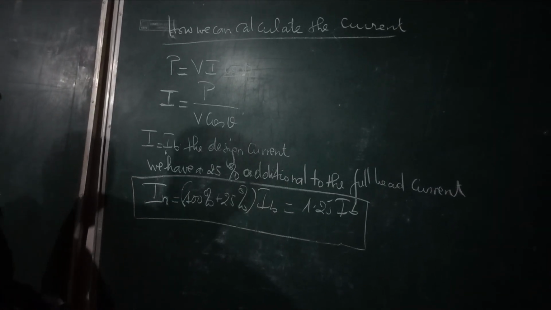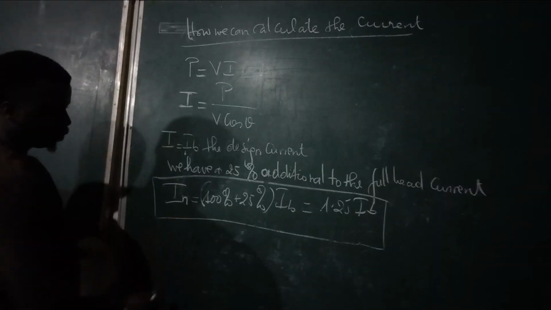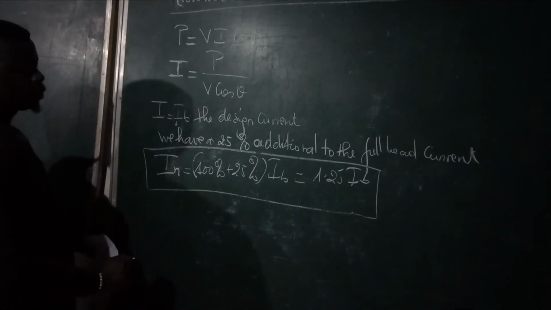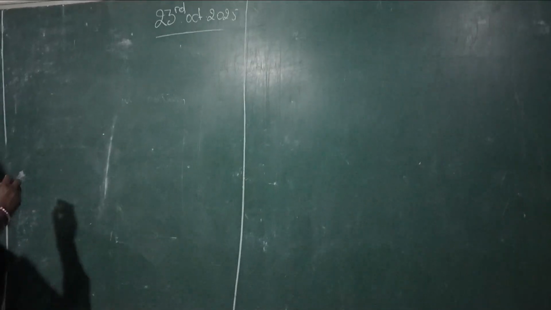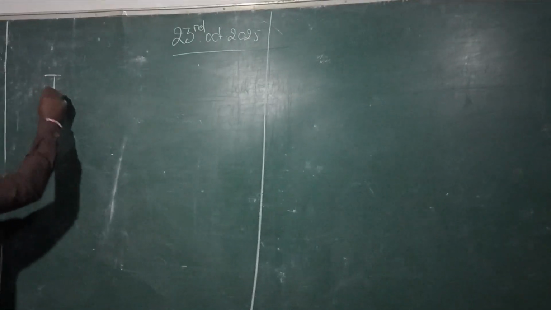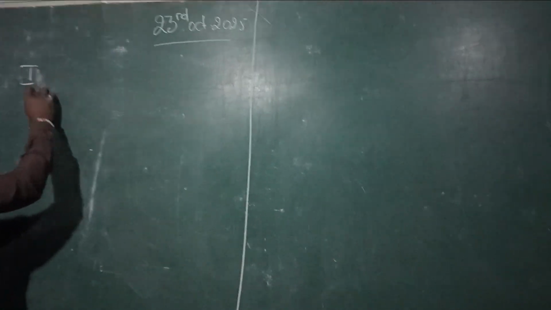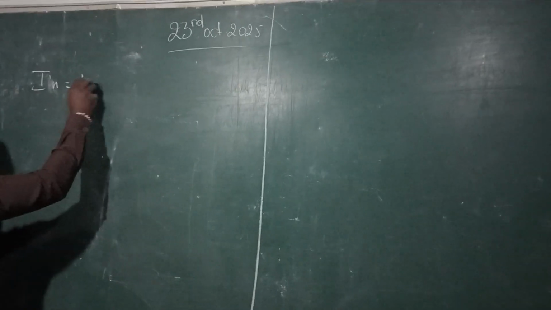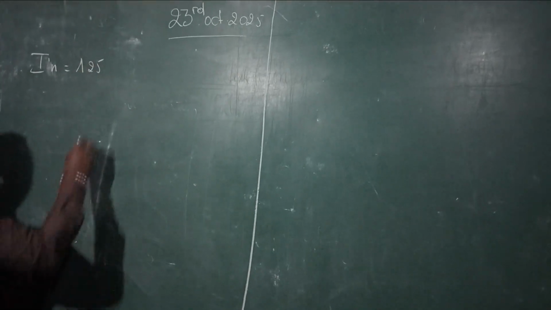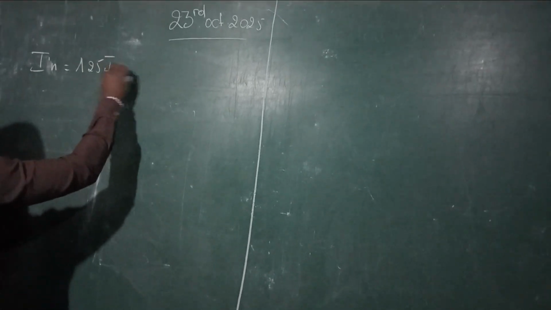So for this, we had a formula relating IB and IN, where IN is equal to 1.25 of IB.